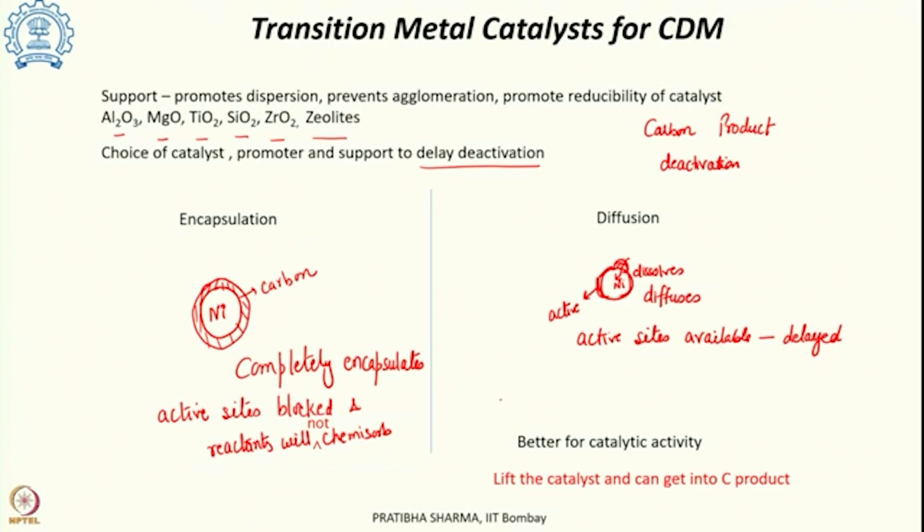In some of the cases what happens is, on the support when there is a catalyst sitting, the carbon which is formed on the surface starts to get into the catalyst, and at times after some time that lifts up the catalyst, forming some sort of structures.